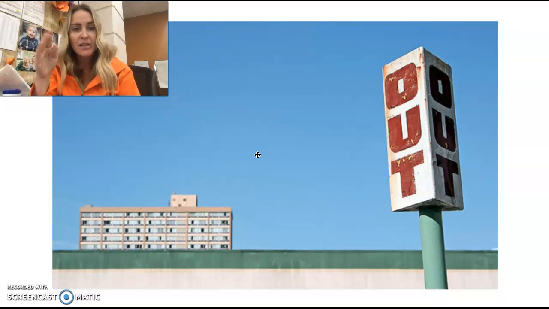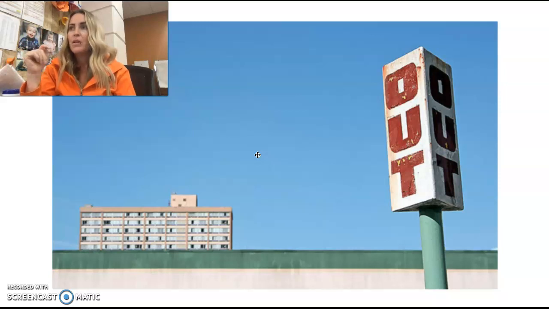The last part of balance says to make sure your elements go together. Notice these are both pieces of architecture. One is a sign, one is a building. Those go together, right? You don't want competing elements. I like to give the example of a really beautiful photo of a beach, right?